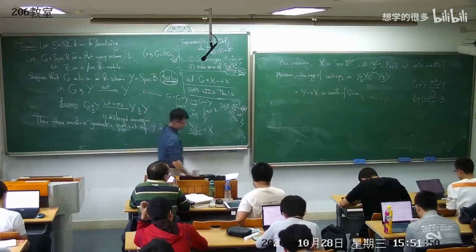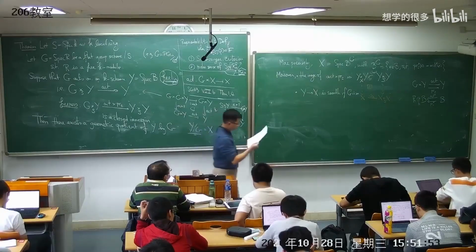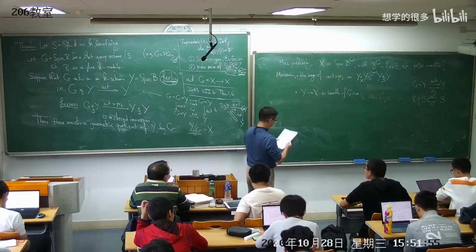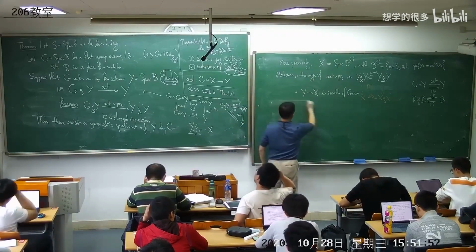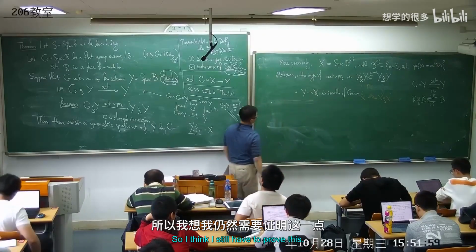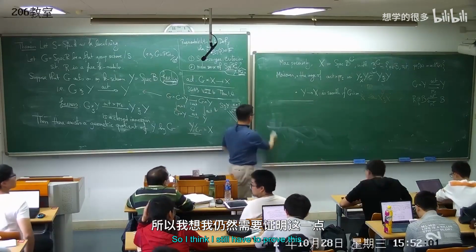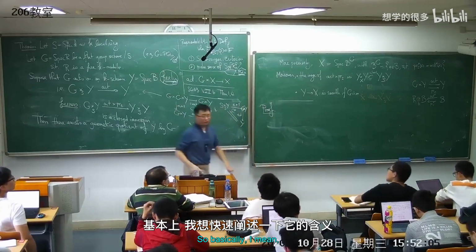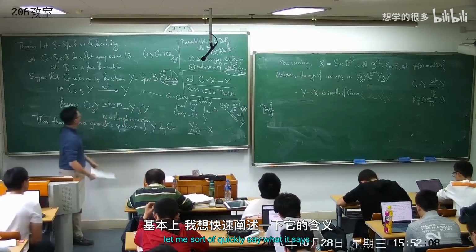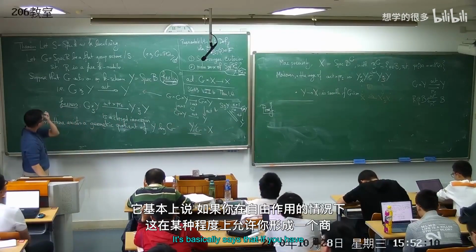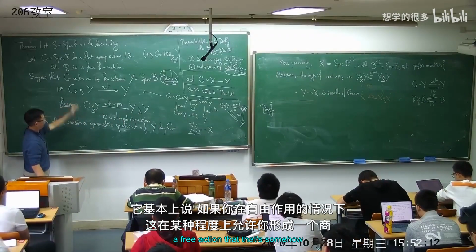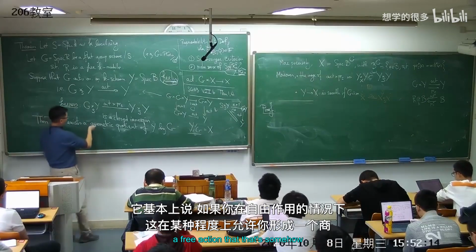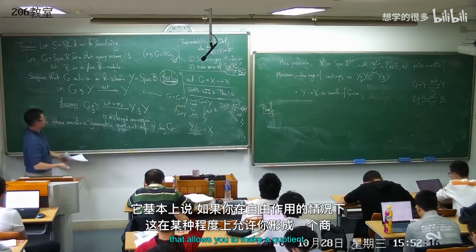Let's see. So I think I still have to prove this. So basically, let me quickly say what this is. It basically says that if you have a free action, that allows you to make a quotient.